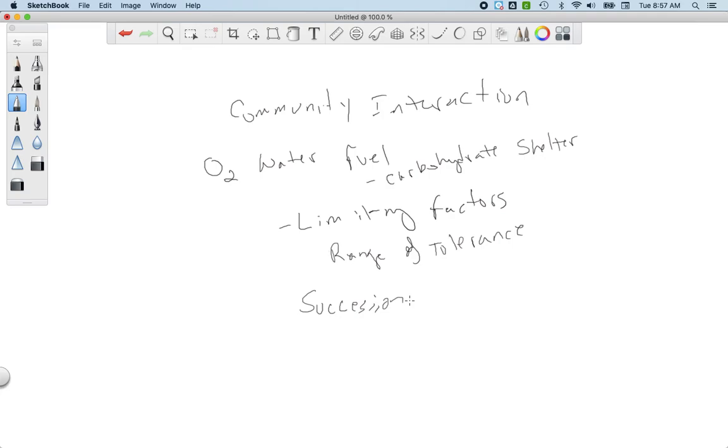What we see more of is secondary succession, and secondary succession can happen after a forest fire. It can also happen just from normal man-done activities.